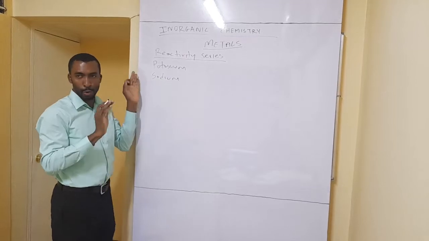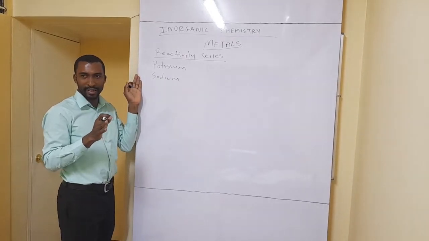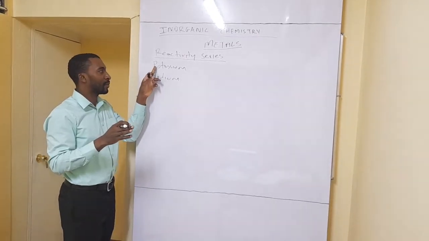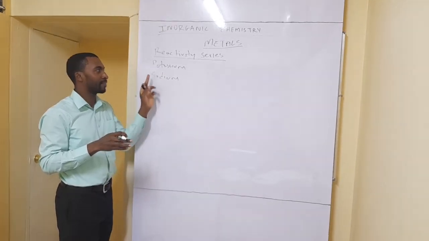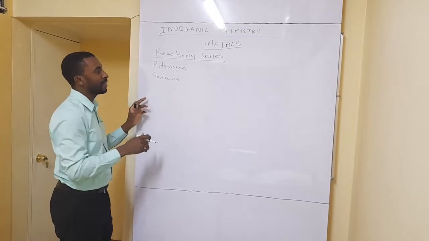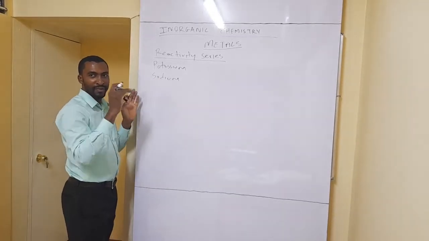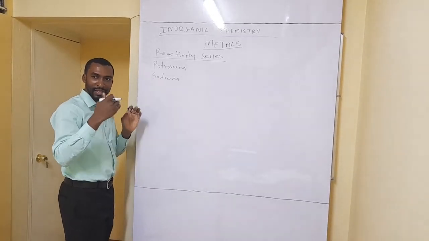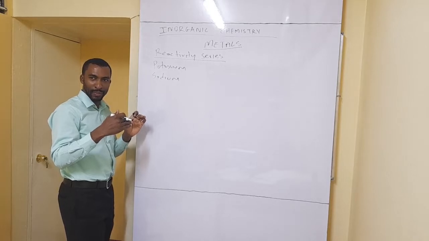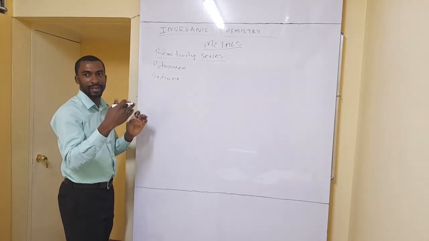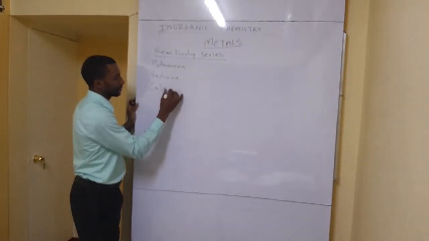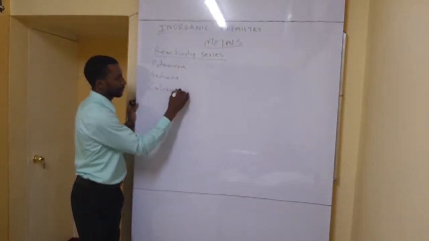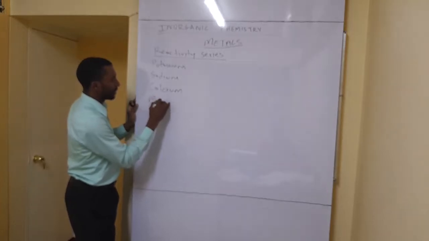Those are 2 group 1 metals, and potassium is lower in group 1 than sodium, so it is more reactive than sodium. If we move to group 2, we have calcium and magnesium. Calcium is lower in group 2, therefore calcium is more reactive than magnesium. So next would be calcium, then magnesium.